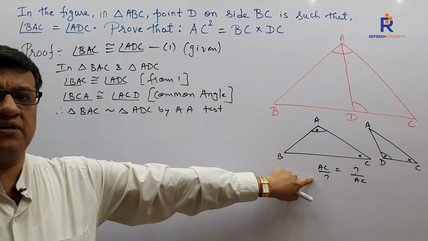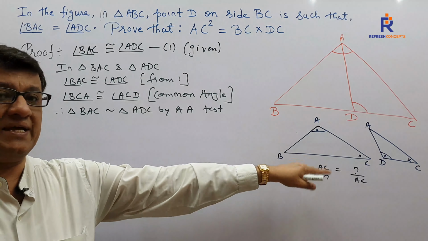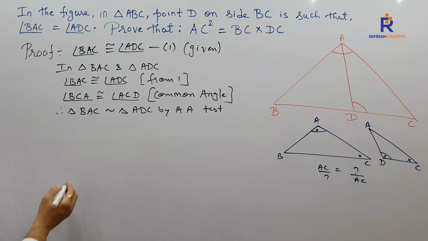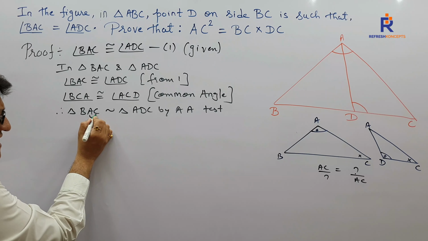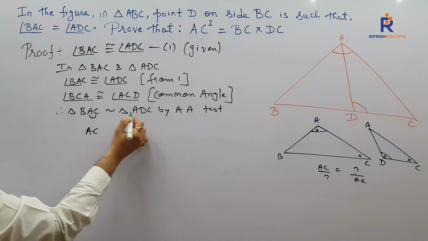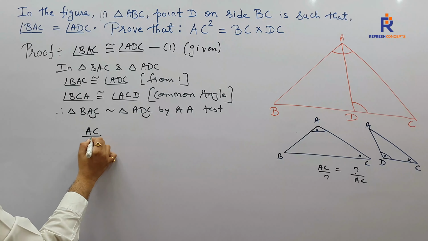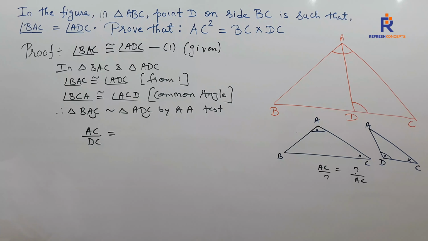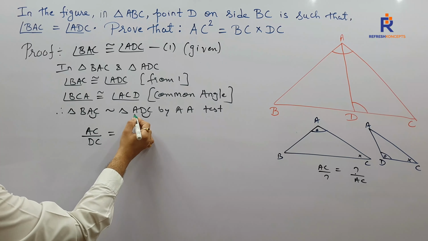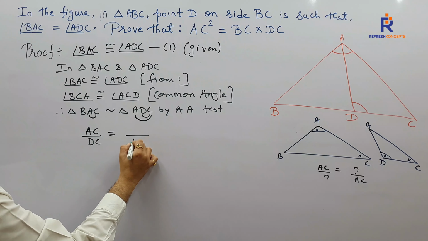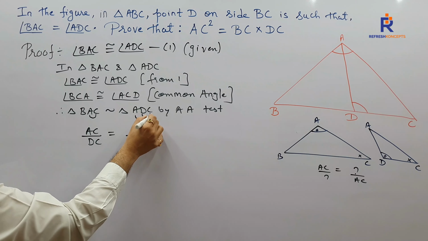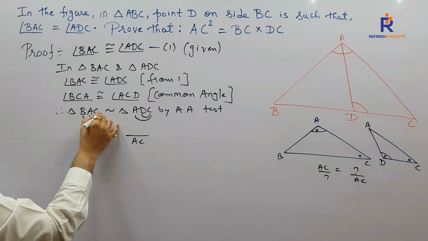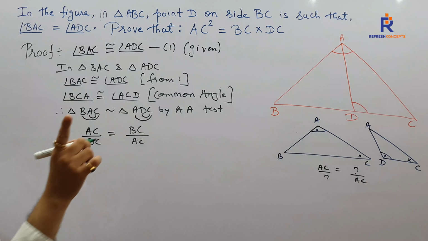So pay attention from here, where I can get first AC on top and second AC on bottom. Can I take AC over here, then AC by DC? Then I want one bottom AC, so I will take this AC. Now, who is corresponding to this AC? It is BC. Children, are you getting me?